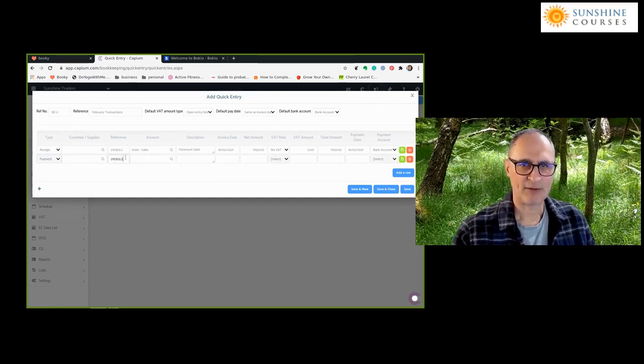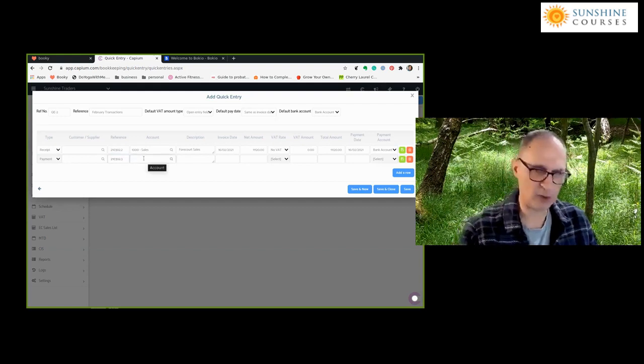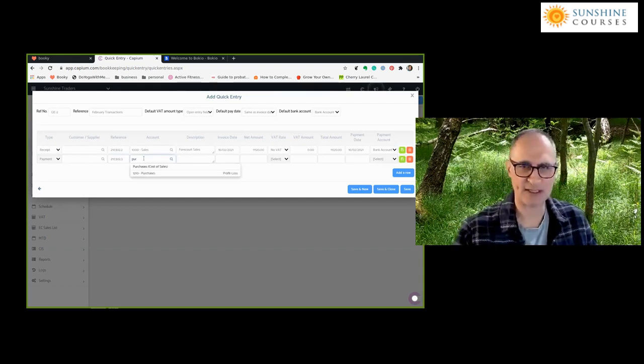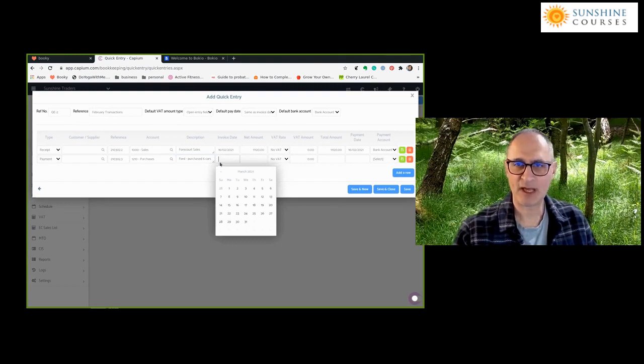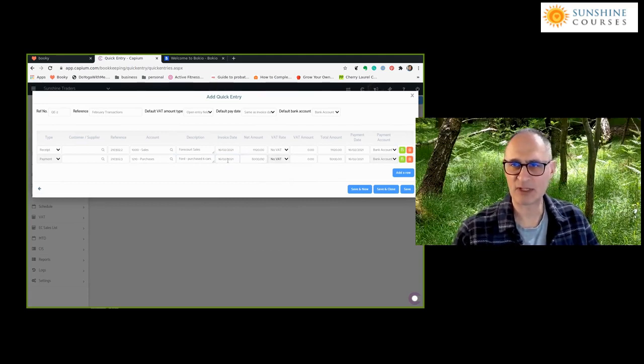I've got a different reference, it's number 3 instead of number 2. Let me call this purchases. If you remember, this was Ford. I might say I purchased 6 cars. If I wanted to note that, I can type whatever I want in here. Again, I'm going to say I've purchased on the same date, it cost me £8,000, and it goes to the bank account.